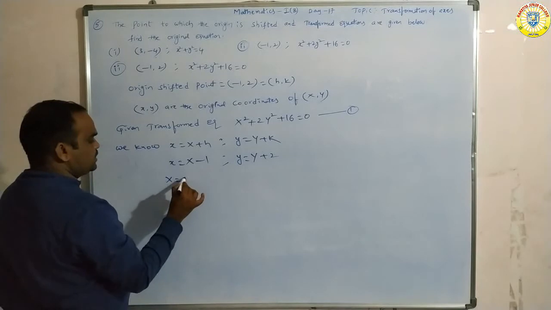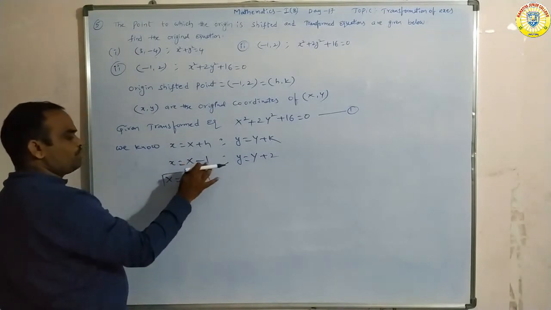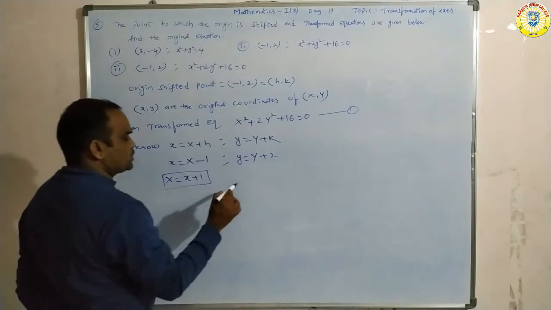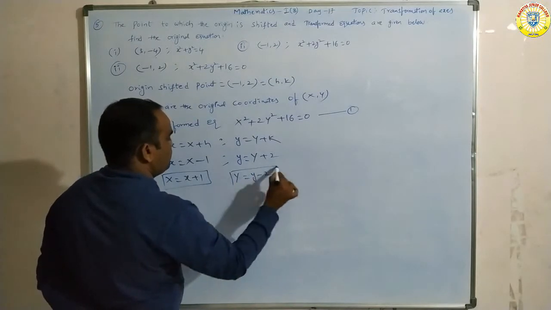Therefore capital X is equal to small x plus 1, taking the minus 1 to the left side as plus 1. Capital Y is equal to small y minus 2.